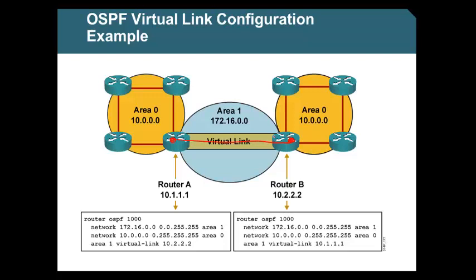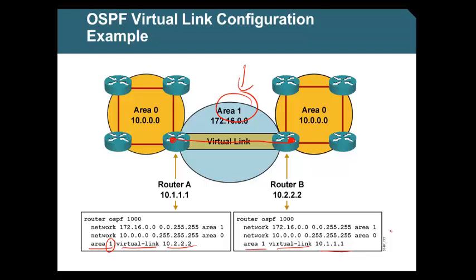So use the area 1 keyword. Use the area which is there in the middle and put the keyword virtual link and then router B's router ID. Likewise, go to router B, virtual link, router A's router ID. This is how we configure a virtual link.